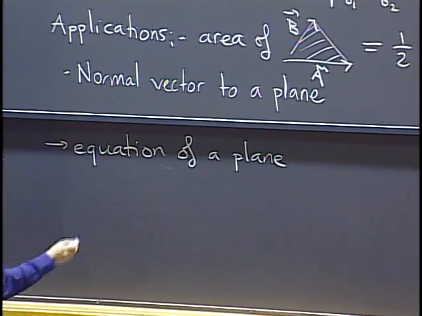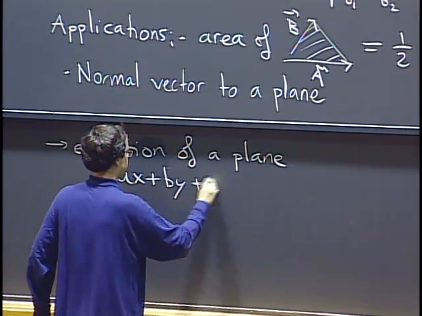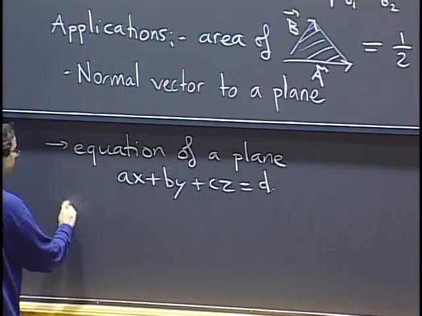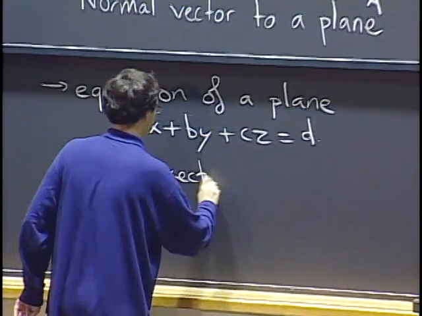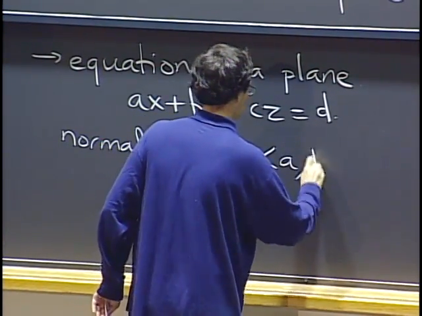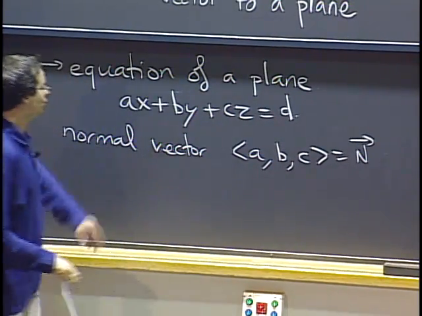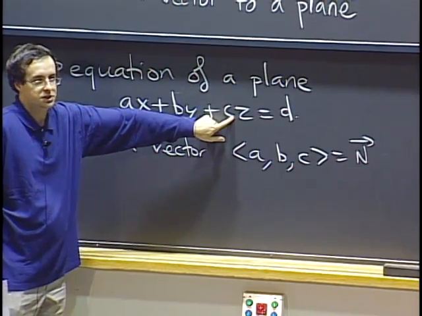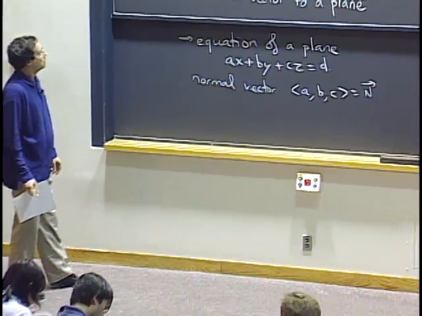Remember, to find the equation of a plane, ax plus by plus cz equals d, what you need is the normal vector to the plane. And the components of a normal vector are exactly the coefficients that go into this. And we've seen an argument for why that happens to be the case.